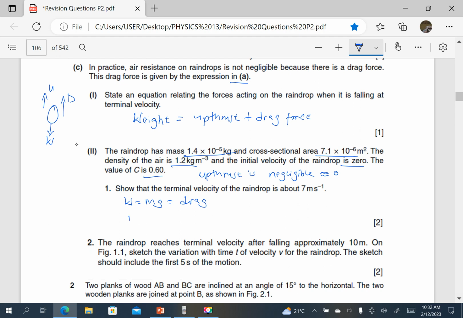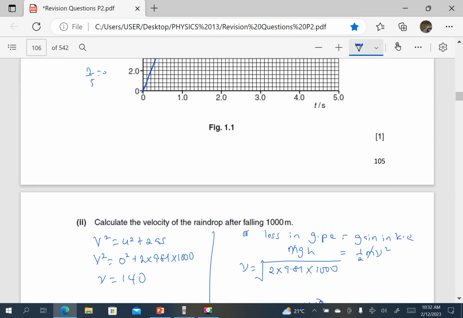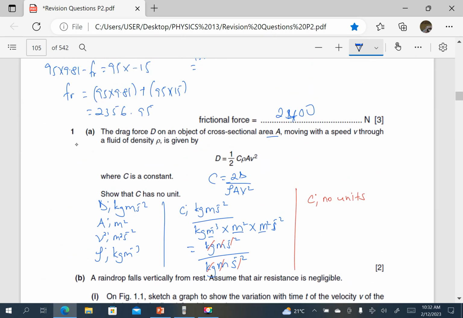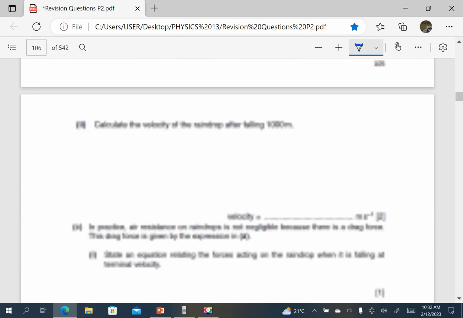So we shall have the weight is 1.4 times 10 power negative 5 times g, which is 9.81, should be equal to the drag force. The drag is given by this expression, half times c rho a v squared. So I'm just substituting.